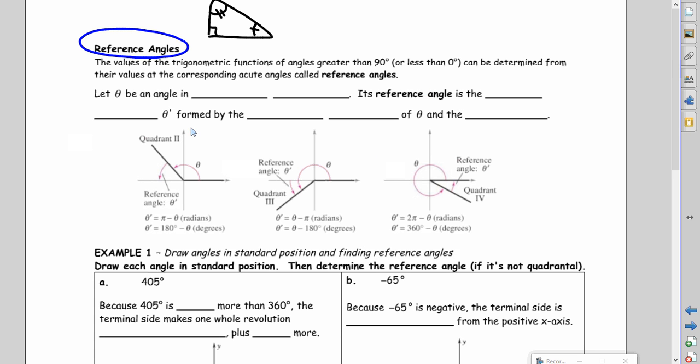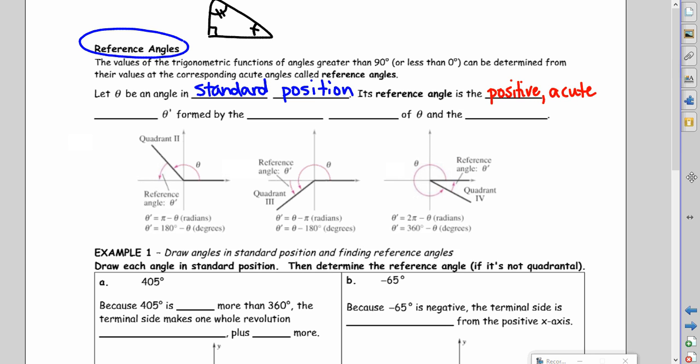So we're going to start out, let theta be an angle in standard position. Pretty much whenever we're drawing an angle, we start out by drawing it in standard position. Its reference angle is the positive, I'm going to put in acute also.